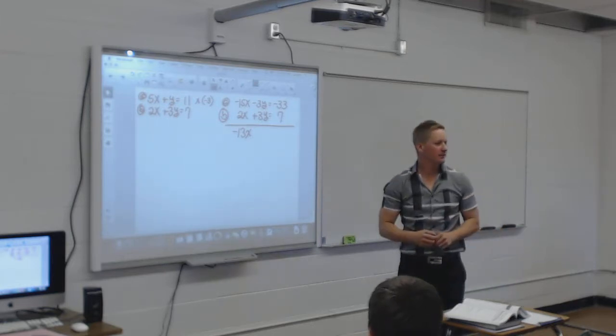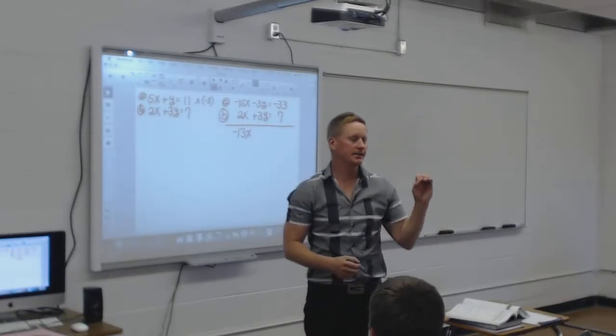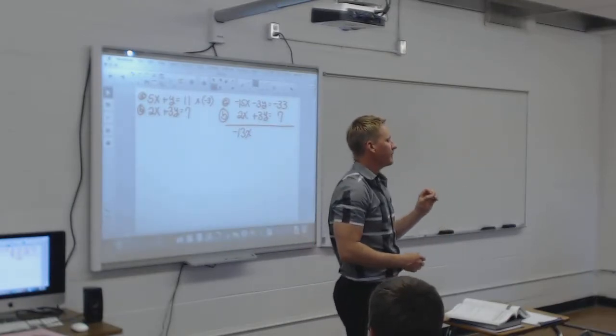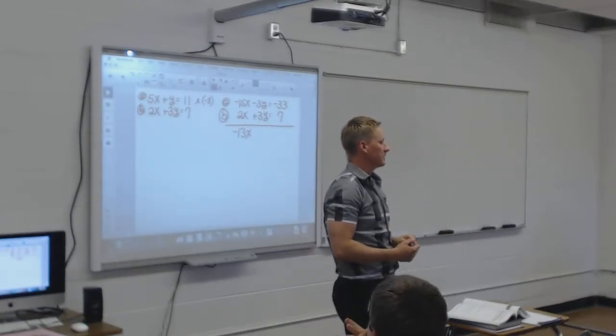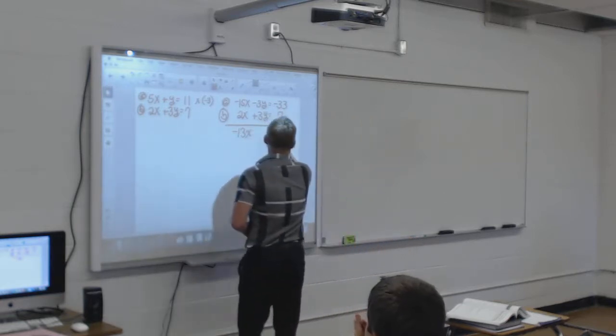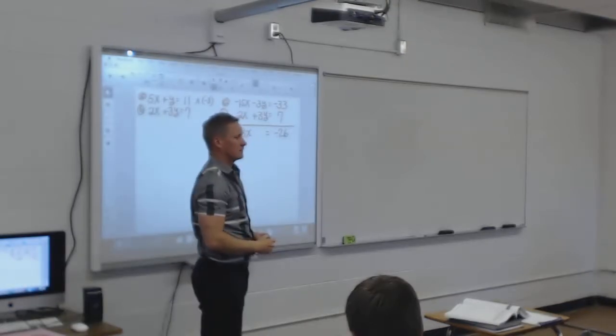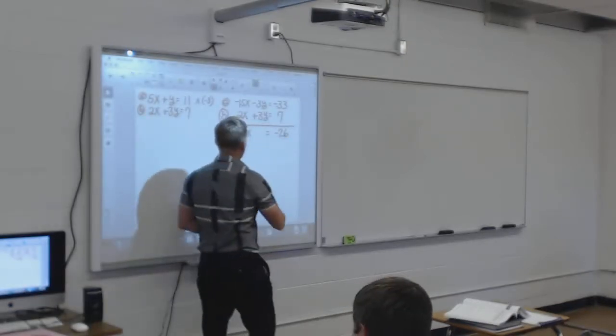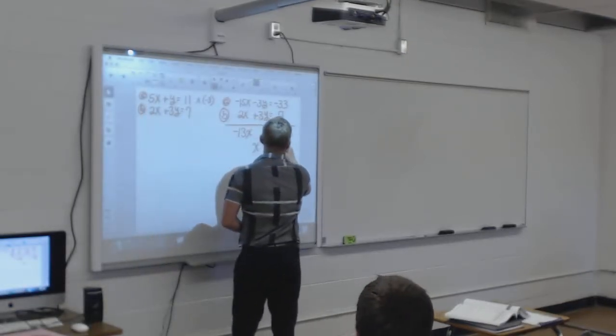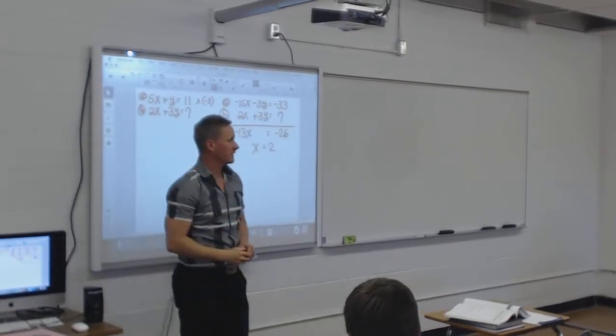What is the answer? It's 0. That's why I did it, Jacob. Now I've gotten rid of one of the two variables. So here's what I'm left with: -13x equals -26. x equals what, Cooper? 2. x equals 2. That's why I did that.